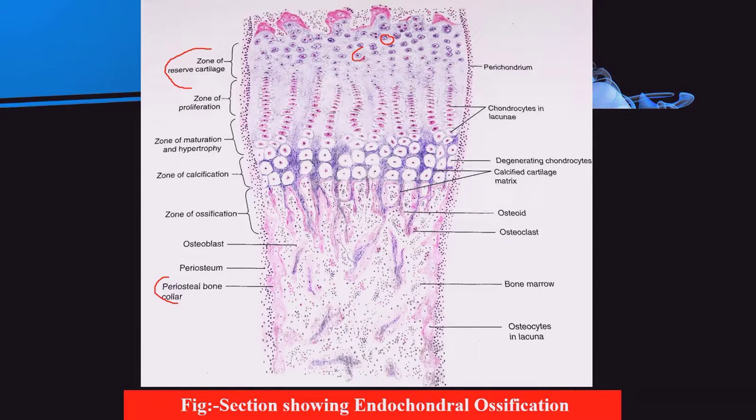At the topmost part of the figure, you can see the perichondrium and the chondrocytes entrapped within the lacuna, and as you progress downwards, the chondrocytes are starting to degenerate. The cartilage matrix is now being calcified, which is then called osteoid, since it is a bony matrix. At the lowest part of the picture, you can see osteocytes in lacuna and the covering of the outer surface. The newly formed bone is now covered by the periosteum.